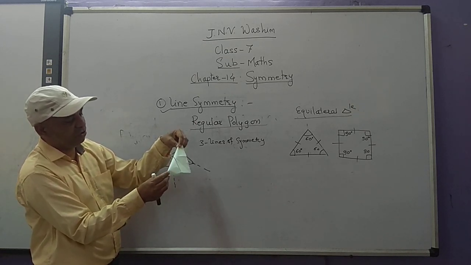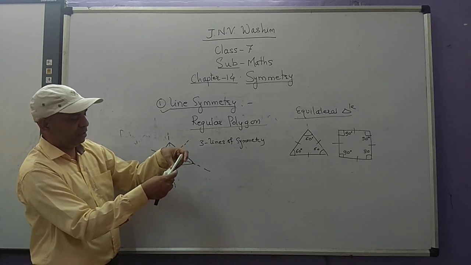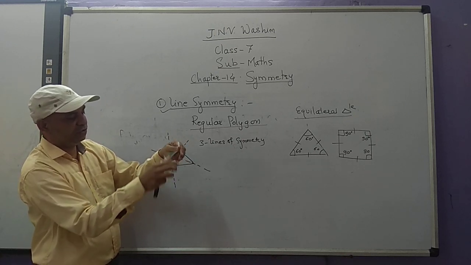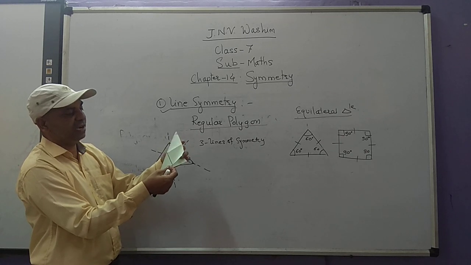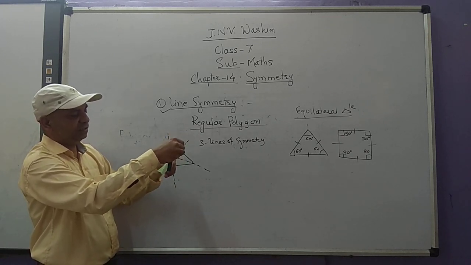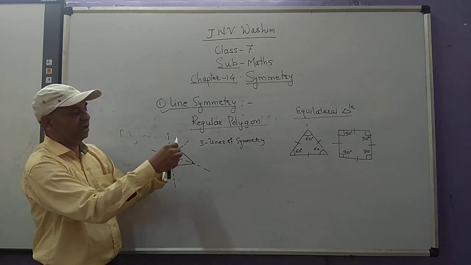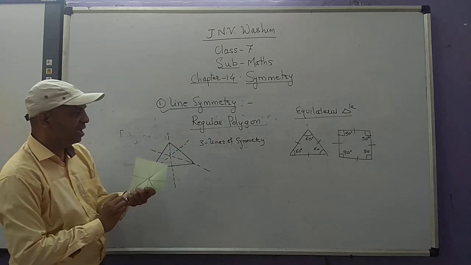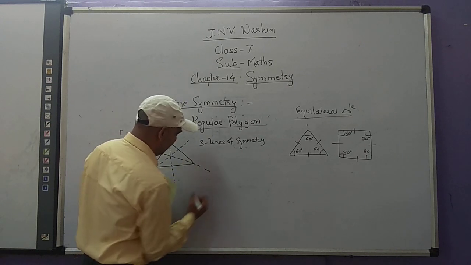Again when I fold diagonally, these two parts also coincide with each other. And next diagonally I fold it, and again two parts coincide. Means in case of square, how many lines of symmetry?